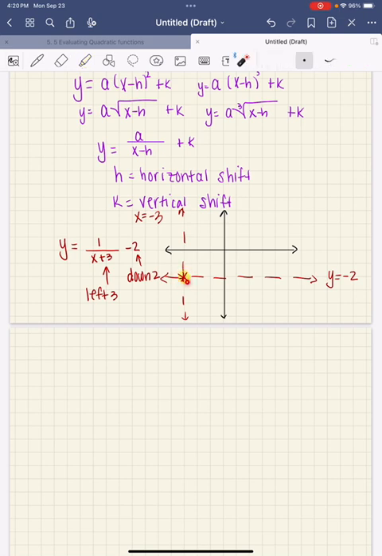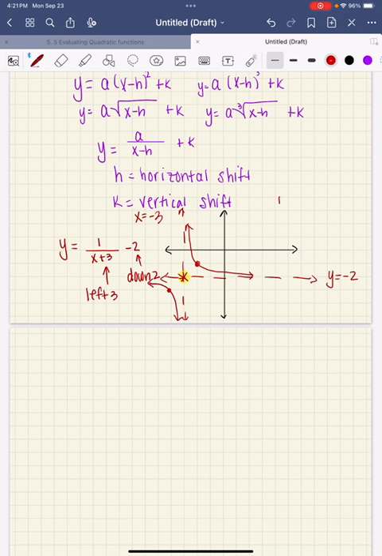So from my new origin, I'm going to plot my parent points, 1, 1. Oh, that's not very good. Let's try that again. 1, 1, and negative 1, negative 1. And there are my branches.